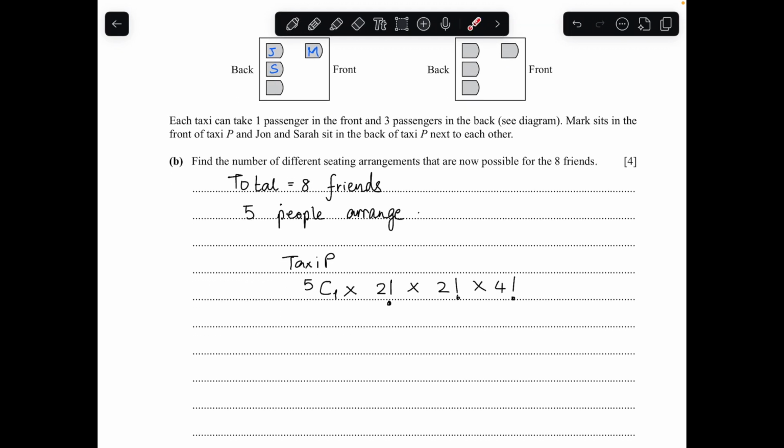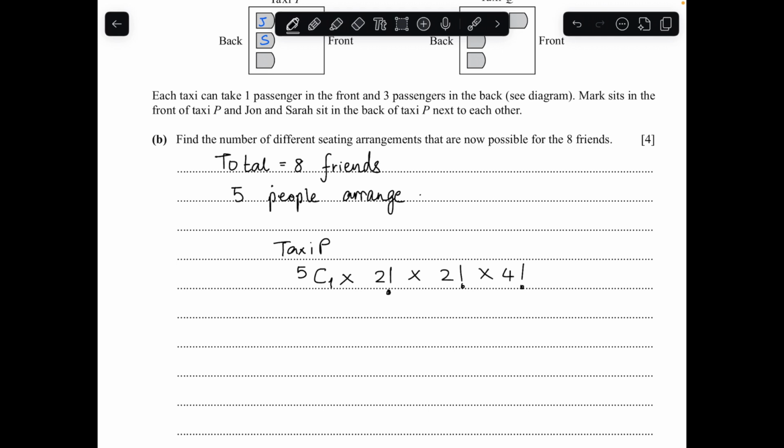That can be filled up by 4 factorial ways. So we have 5C1 for this 1 seat. Then we have 2 factorial because John and Sarah can switch amongst themselves. We have again 2 factorial because they could sit here or they could sit here. So there are 2 possible ways that you can arrange them on 3 seats, and times 4 factorial.